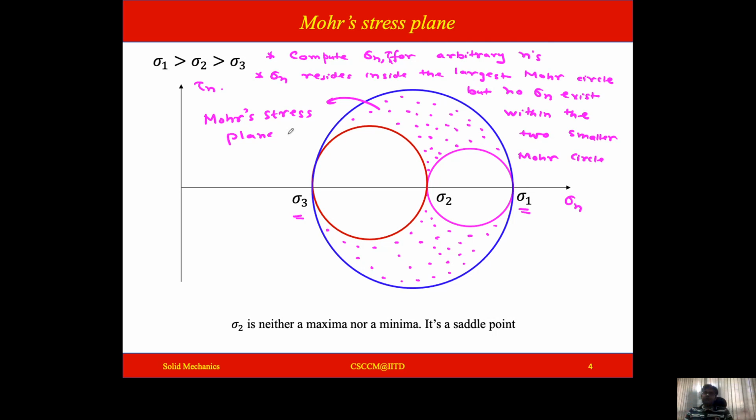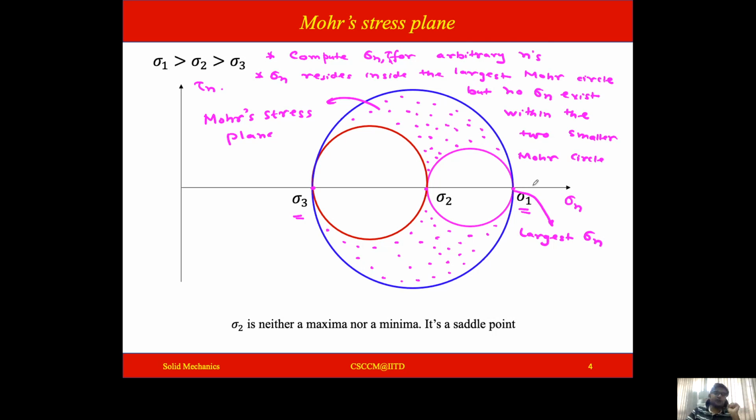Now, what can you say about this Mohr stress plane? In this Mohr stress plane, we have sigma 1, sigma 2, and sigma 3. This sigma 1 is clearly the largest or highest sigma n, so this is basically the maximum sigma n.